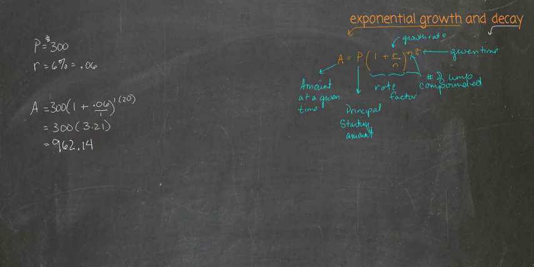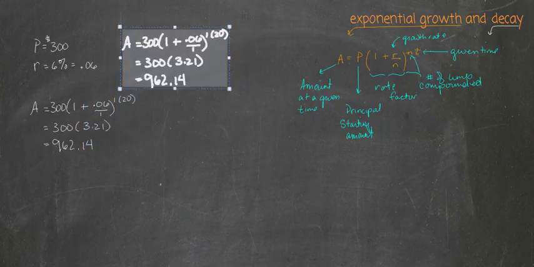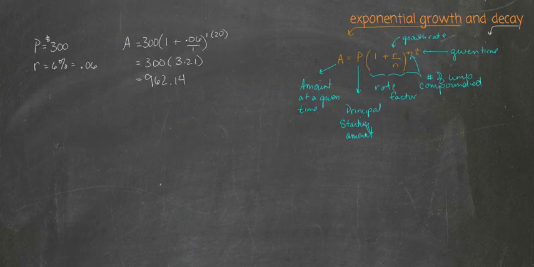So not a bad investment, I guess. You start with 300 and at some point in the future you have $962.14, but I could probably think of better ways to raise money. So let's look instead at compounded semi-annually.